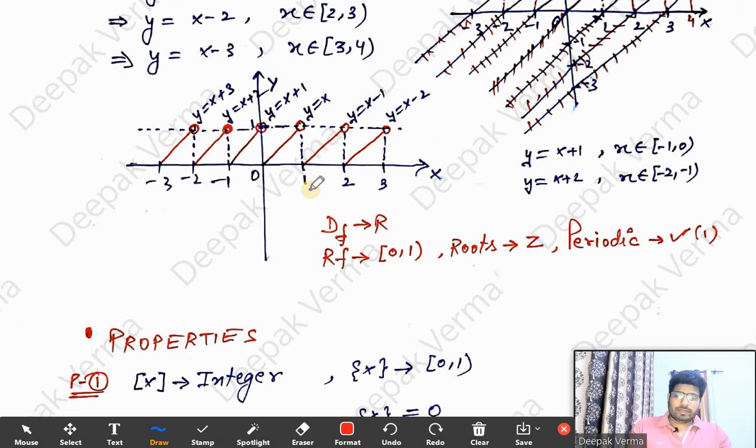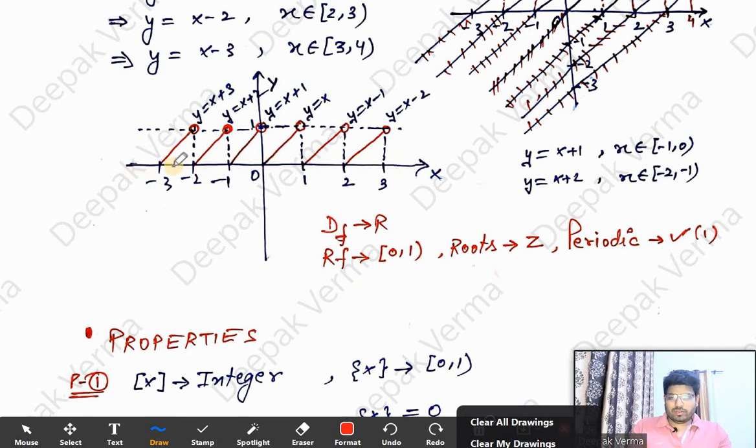Now, what is the domain? Domain is the portion covered by the graph on the x-axis. So look at the graph and tell me the domain. We can see the complete x-axis is covered by the graph.